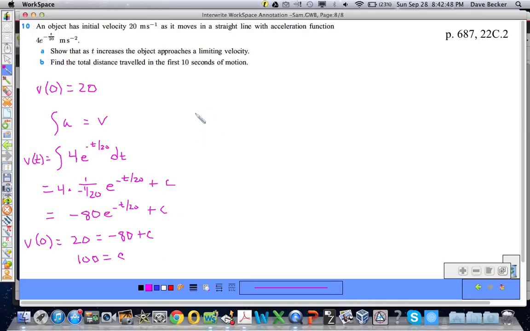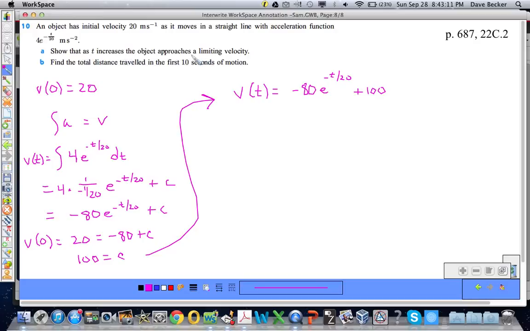So our velocity function, v of t, is equal to negative 80 e to the negative t over 20 plus 100. We still haven't answered the question yet.